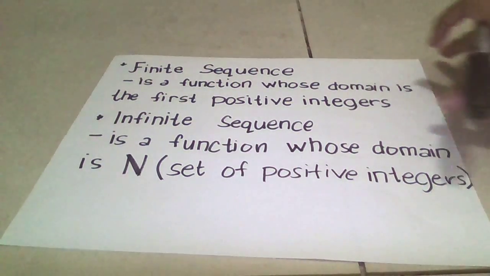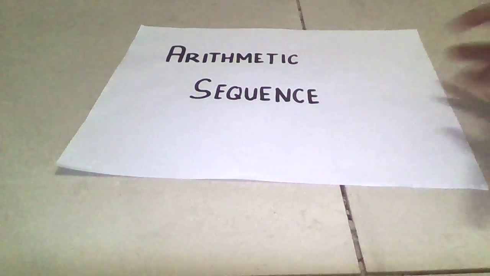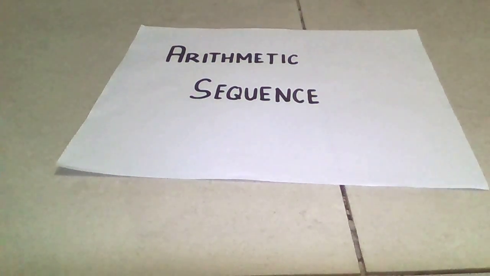And now, let's discuss arithmetic sequence. An arithmetic sequence is a sequence in which every term after the first is obtained by adding a fixed number to the preceding term. The fixed number is called the common difference and is usually denoted by d.